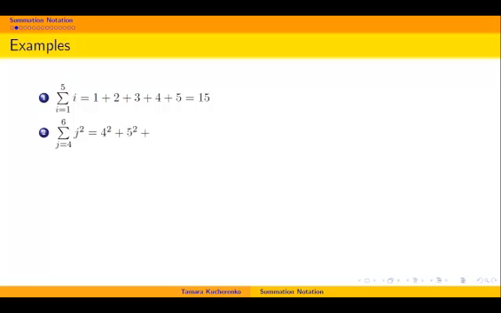The next and the last value for j is 6. Therefore, the last term of the summation is 6 squared. Now we just square and add these numbers. 16 plus 25 plus 36 equals 77. So the value of this sum is 77.